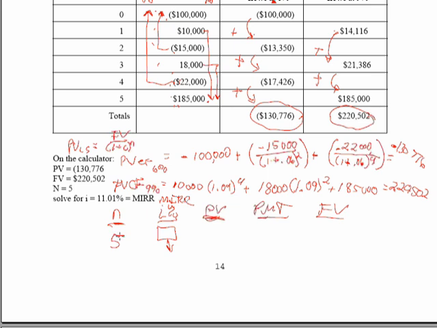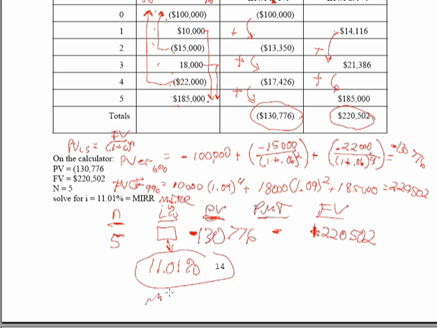We're dealing with a 5-year holding period. The PV is going to be negative, I want to emphasize that. The PV is going to be negative 130,776. Make sure payment is empty or put 0 in it, just to verify. And your future value is going to be positive, 220,502. And then if you hit I, the calculator might take a brief second to crunch the numbers, but you should get about 11.01%. And that's your modified internal rate of return.